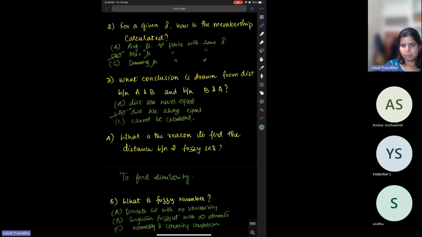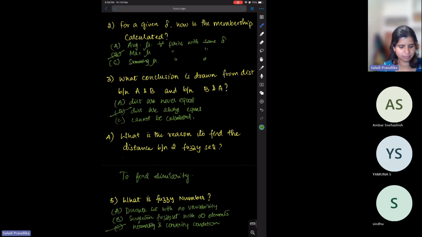Option D is none of the above. Any more answers? Snehashish and Yamuna, you are right. It's basically a fuzzy set that follows two conditions: one is normality and one is convexity.